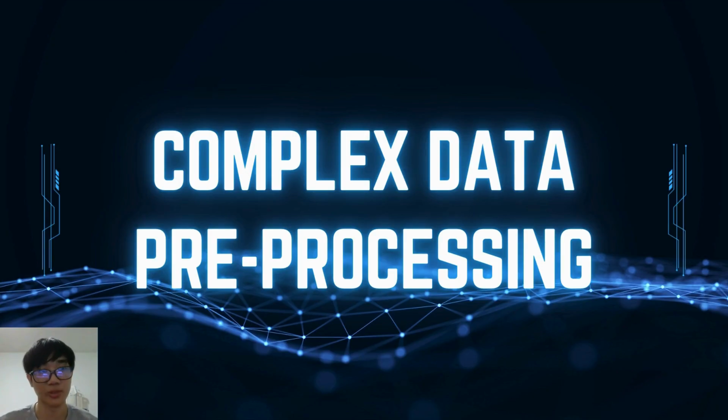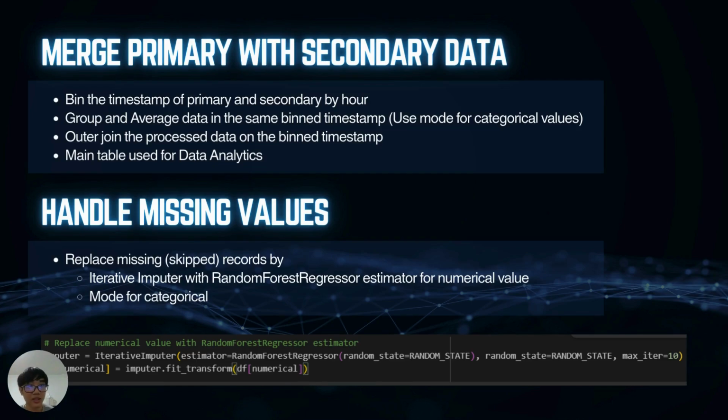Now for the pre-processing part, as I mentioned, it's multimodal, so we have to merge somehow. Now how do we merge it? We pin the timestamp. Let's say it's 9:15, 9:25, 9:35. We pin it to 9 o'clock.